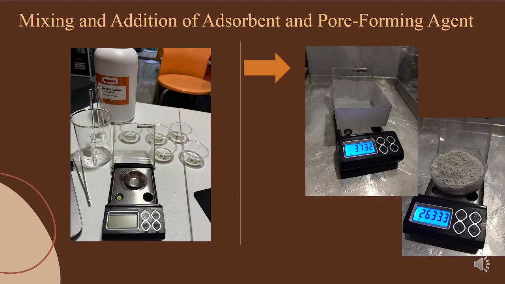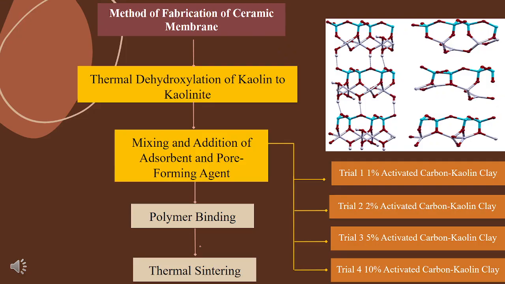At the start of the experiment, here is Miss Viado to explain the next step of thermal dehydroxylation, which is the mixing and addition of absorbent. For the initial characterization of the separator, clay was mixed with ACCS in different proportions of dry weight, namely 1%, 2%, 5%, and 10%, with clay being the base.